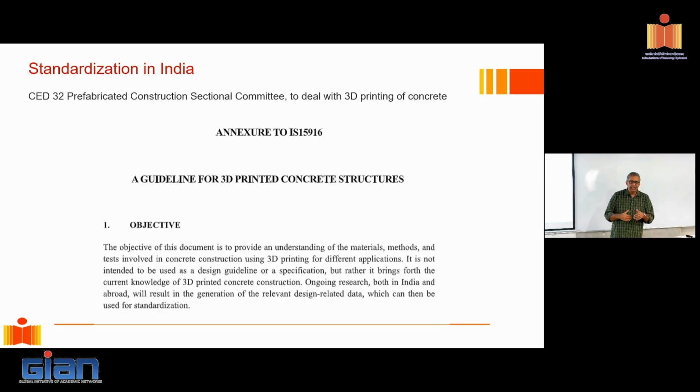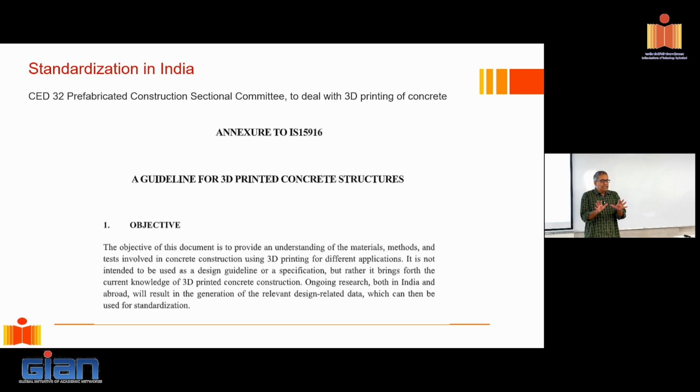We are a little behind the curve on this one. CED 32, the Prefabricated Construction Committee, is going to bring an annexure to the IS 15916 on 3D printing. Basically, it's going to be a guideline. That's all it's going to be at this stage.